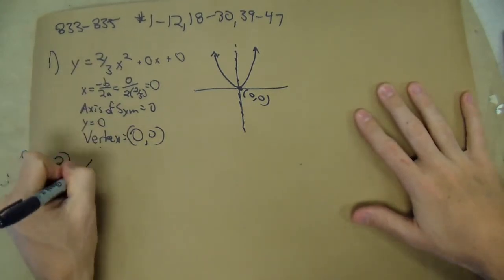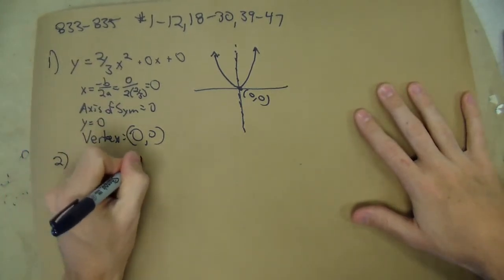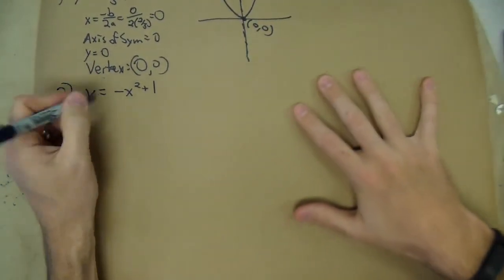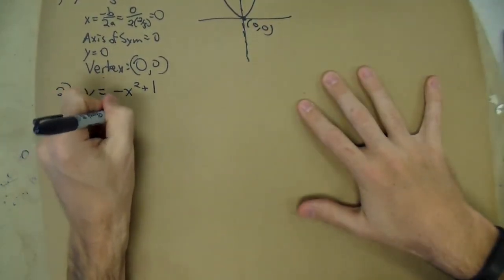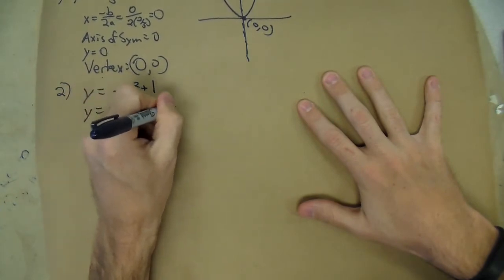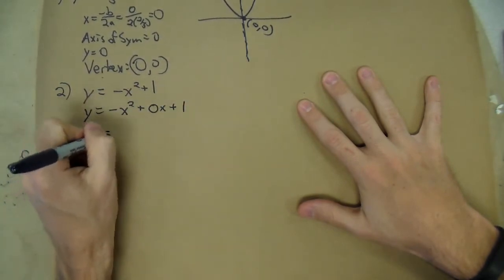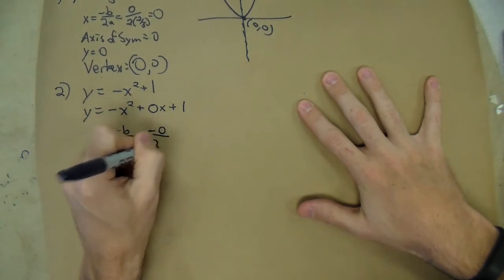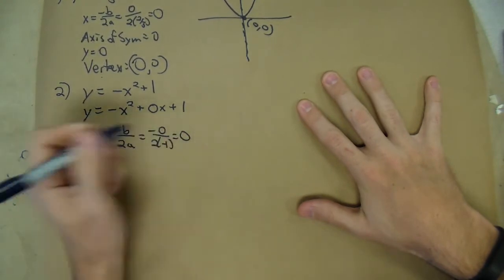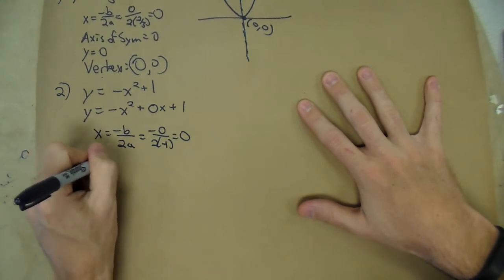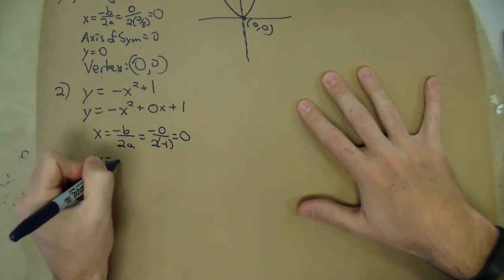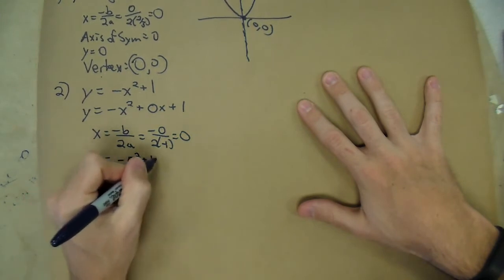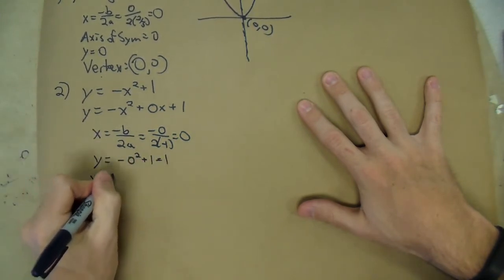Number 2, we have y equals negative x squared plus 1, which we could expand out and call y equals negative x squared plus 0x plus 1. Because when we do negative b over 2a, we get negative 0 over 2 times negative 1, which is 0. We plug that in to get our vertex. It comes out to be negative 0 squared plus 1, or just 1.